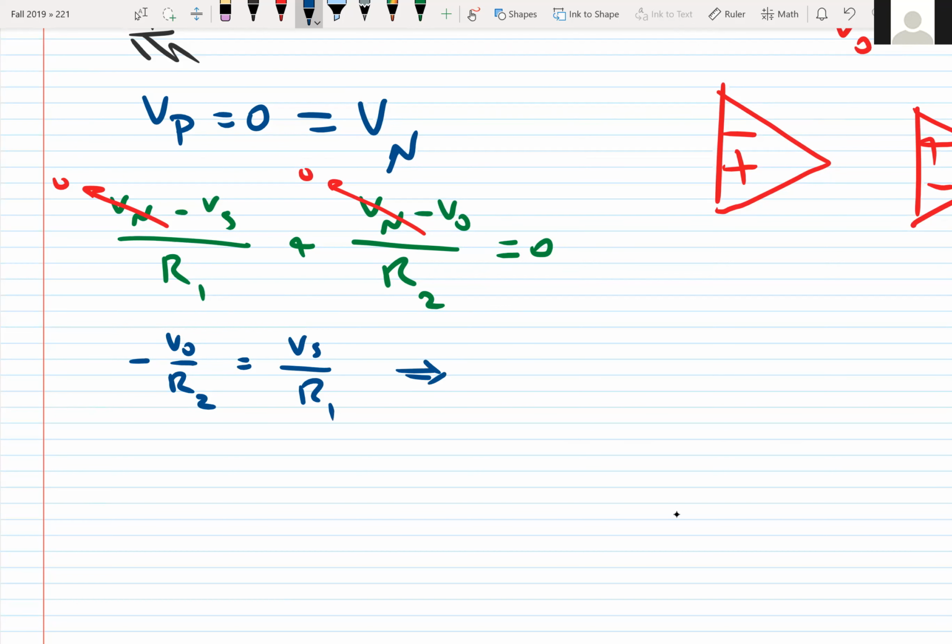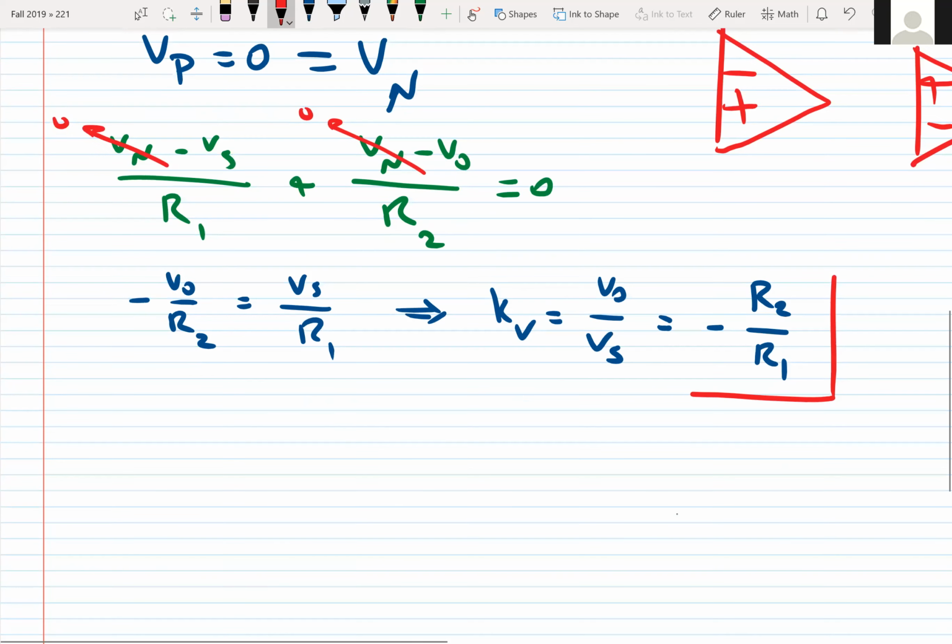As a result, Kv, which is equal to Vo over Vs, is equal to negative R2 over R1. And here we see that the gain is negative.